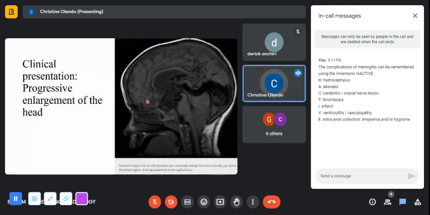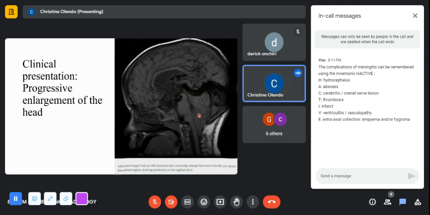So the clinical presentation here, you have a progressive enlargement of the head, and here we have an MRI. This is a T1 in the sagittal, and what we're seeing is that there is a flow void that is visible here, and this is where the vein of Galen malformation is, just above the pineal region there.